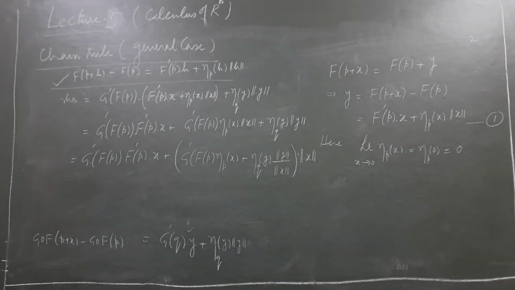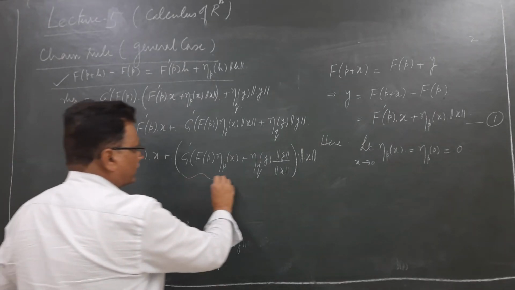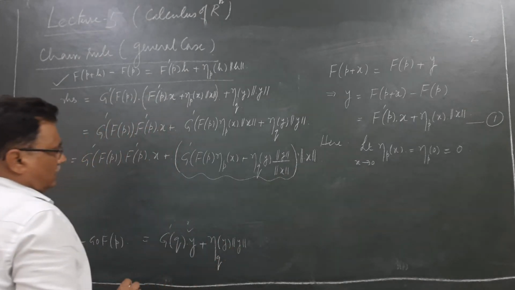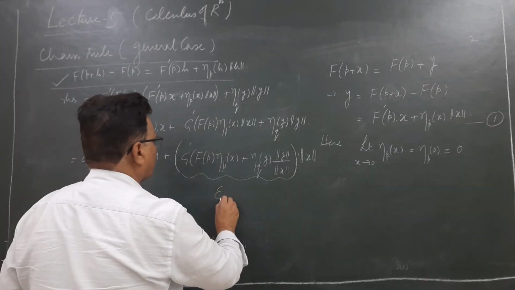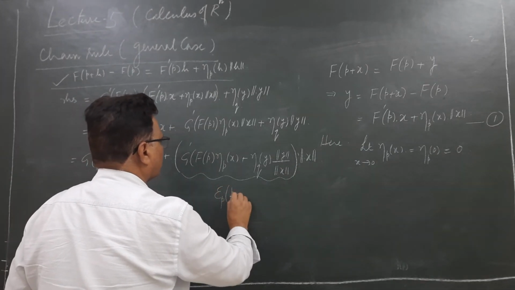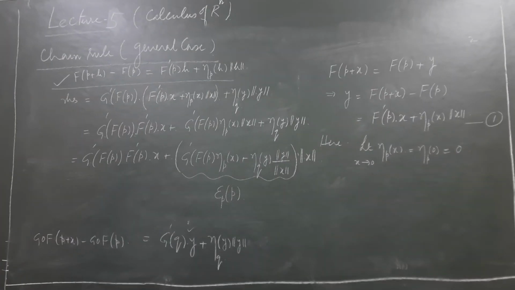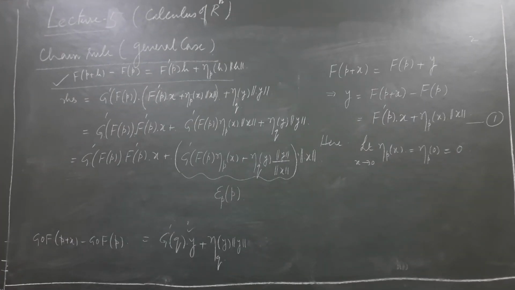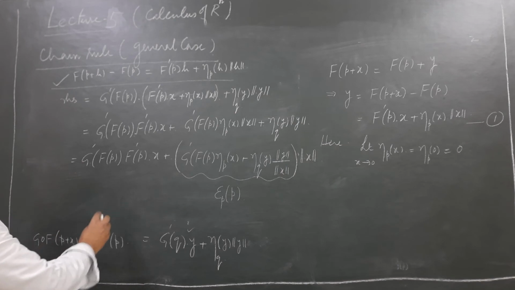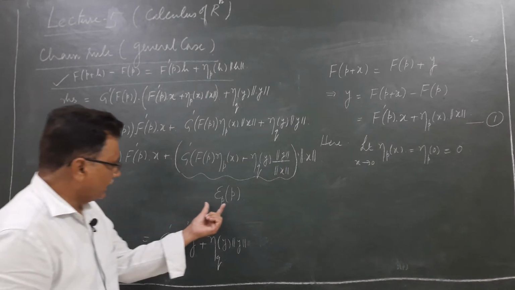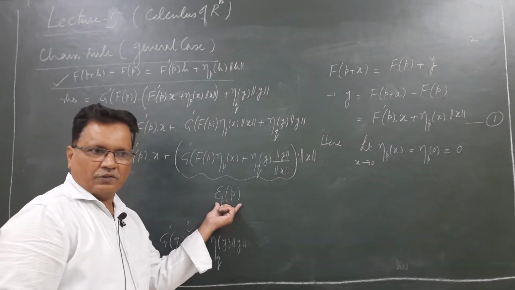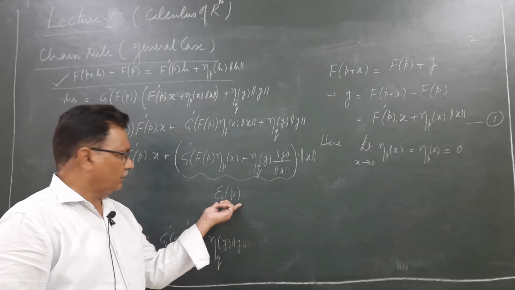Okay. Now, this term in the bracket I will call epsilon p. Now, this expression looks like what I want, that this should tend to 0 when p tends to 0.